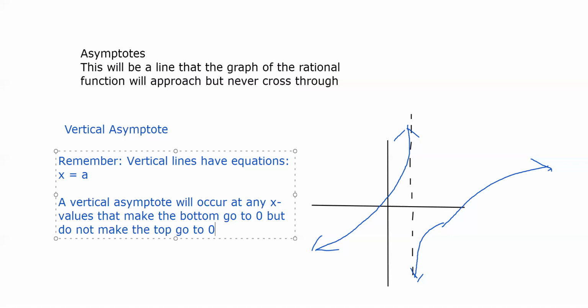It sounds a little bit funky. It sounds a little strange. The reason it has to make only the bottom go to 0, but not also the top, has something to do with calculus and limits, and we can't really fully demonstrate it without the use of a limit.